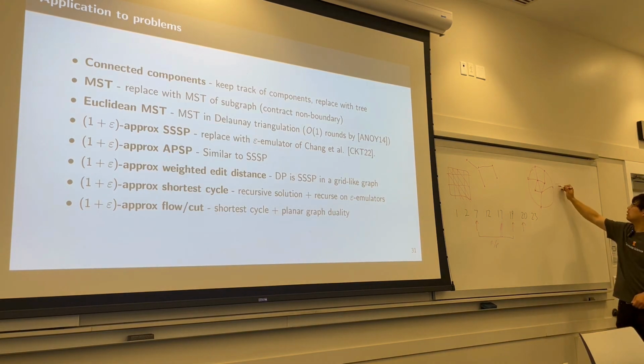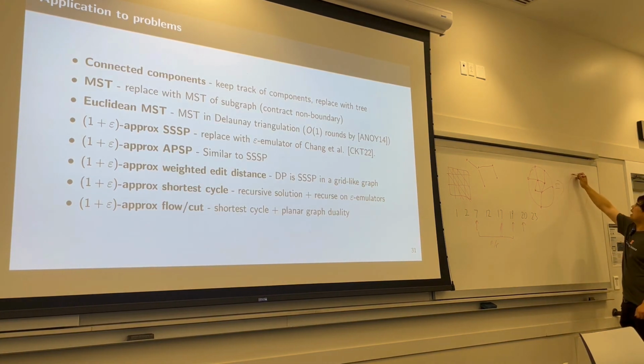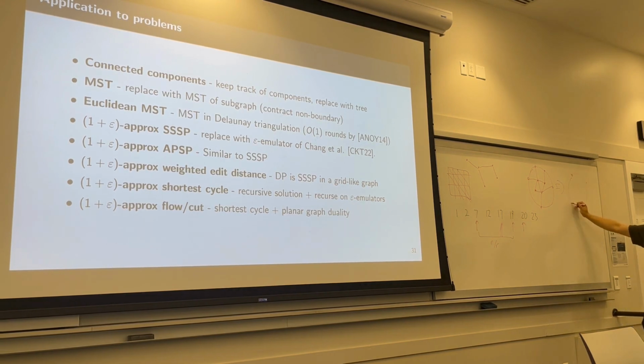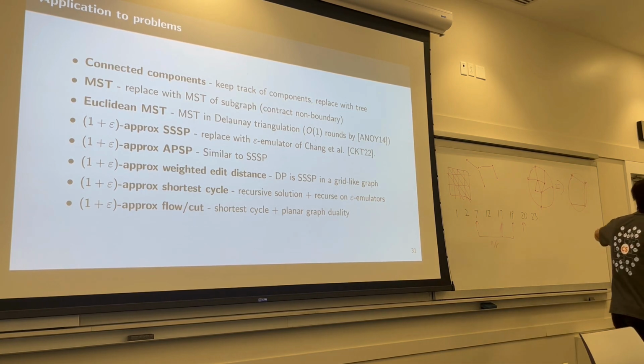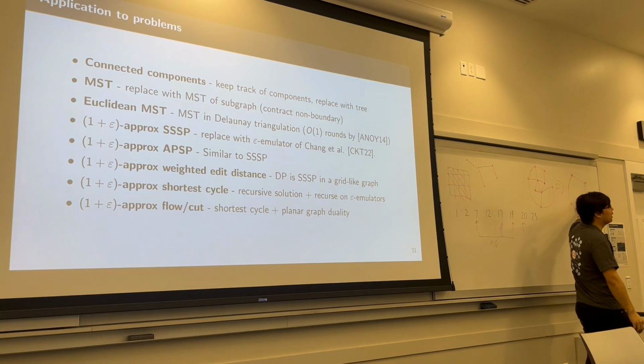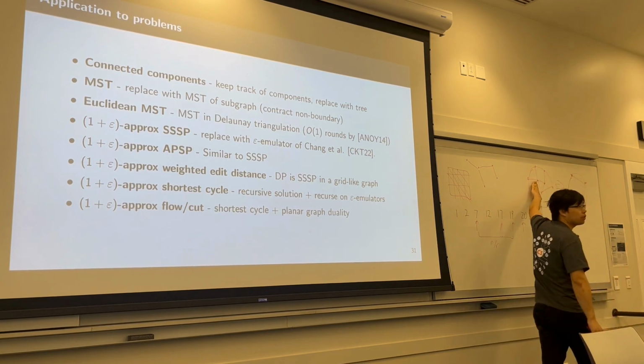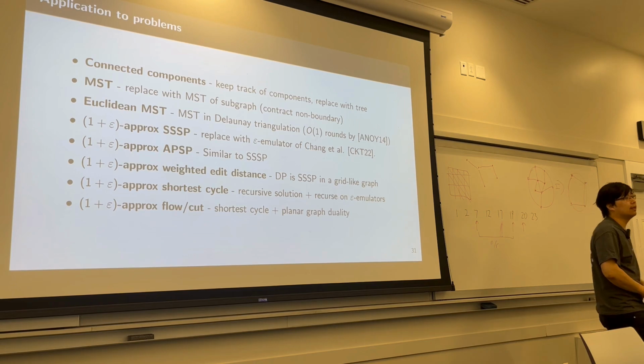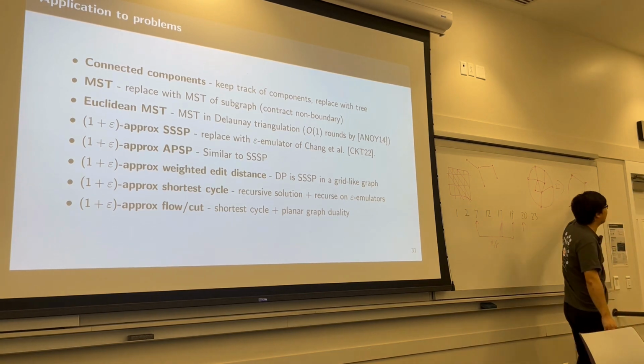And I want to transform this into a graph that has size on the order of terminals on the boundary. Yeah, I mean, you can create some extra points inside if you want, but I want the total size of this graph to be sparse, as in terms of the boundary vertices and not in terms of the total number of vertices. And I also need the requirement that it's planar.